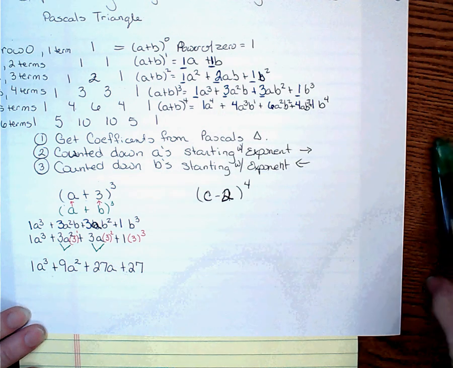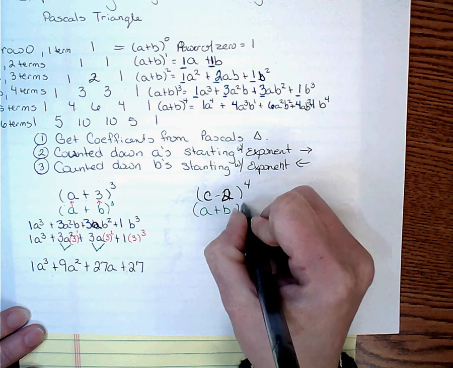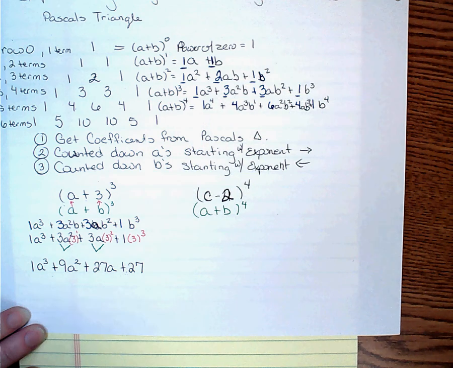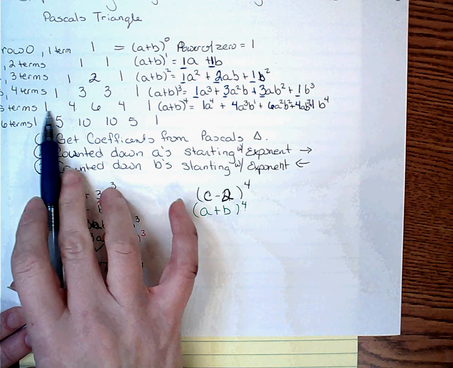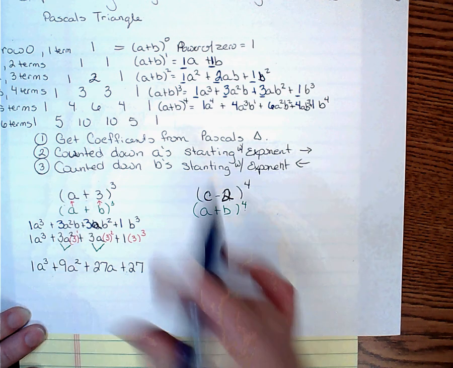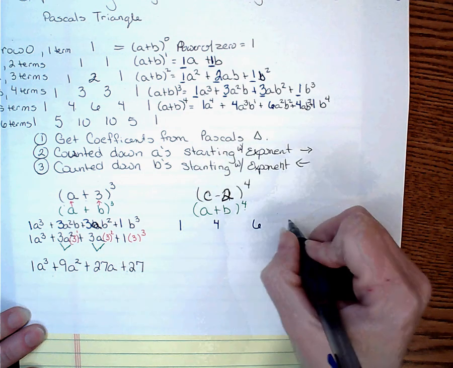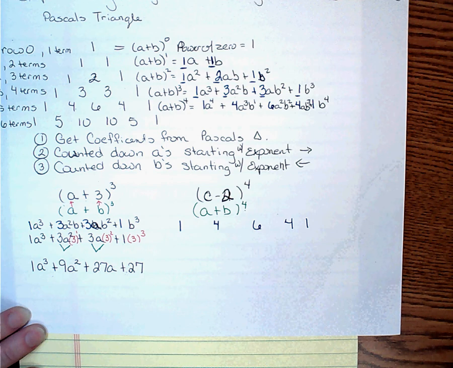Again, I'm going to line this up and do a plus b to the fourth, because that's what I was familiar with when I did my Pascal's triangle up here. So my coefficients from row 4 are 1, 4, 6, 4, and 1. Now I'm going to put in my a's.